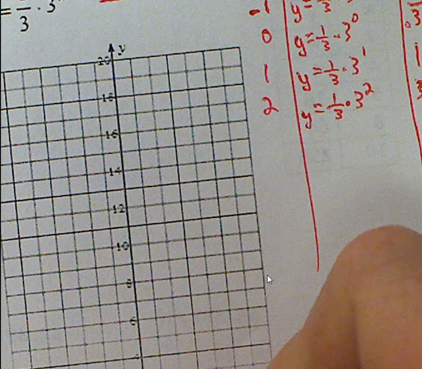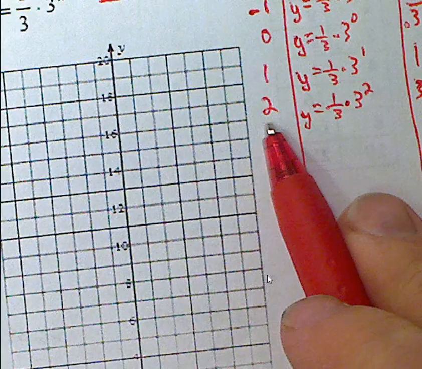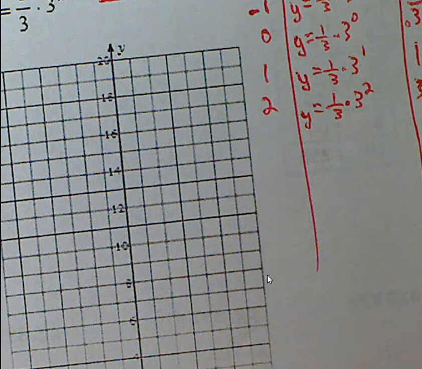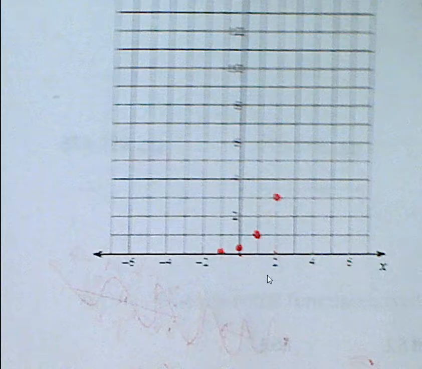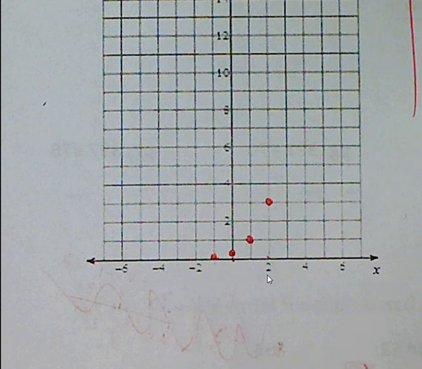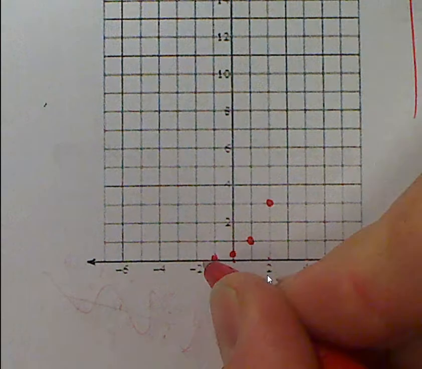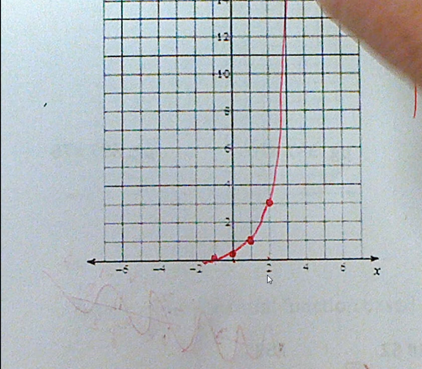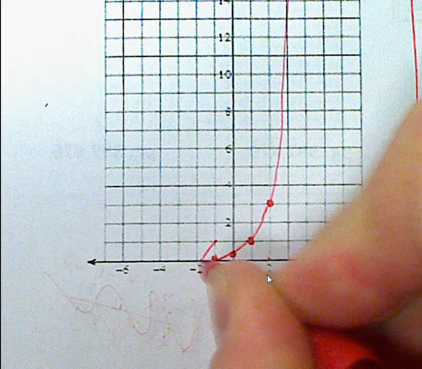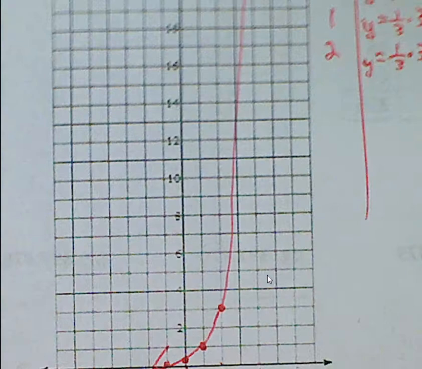So 1, 1. 2 becomes 3. So we're starting to see what's going on. If it's enough, then I can continue the pattern and it will look something like this. And I'm done.